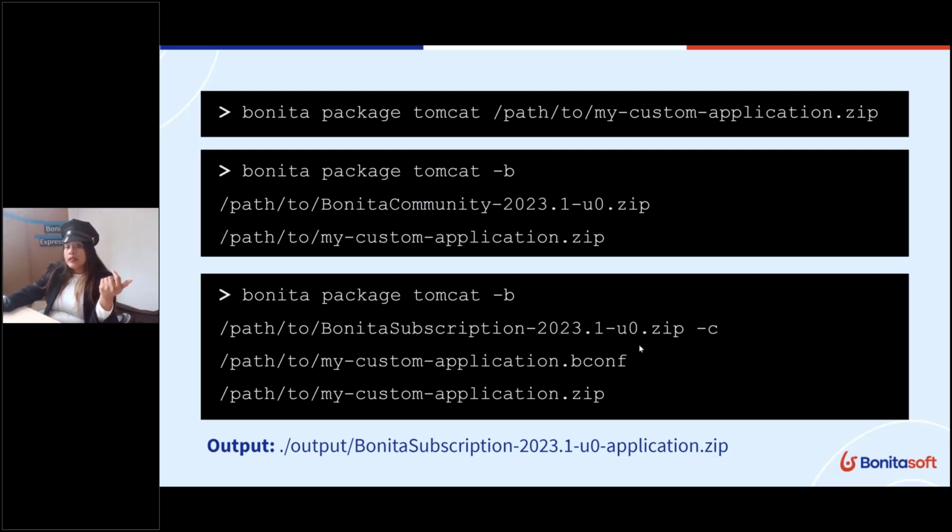And the third one is when you're using this configuration file. You will just use a -c and then give the path to your configuration file. And so the output is a new folder, which contains your self-contained application in a zip that you just need to unzip and then just deploy it.